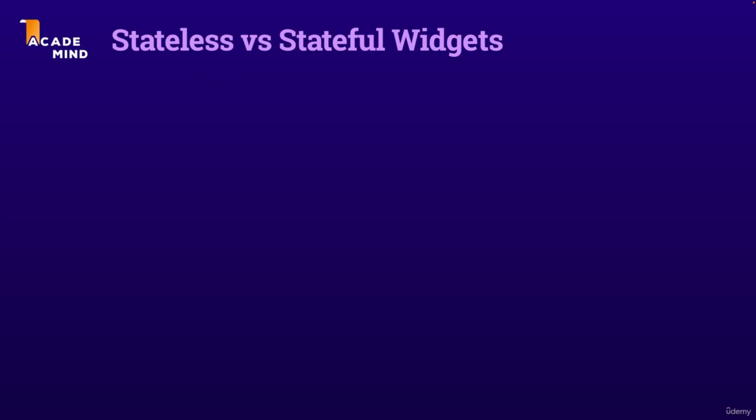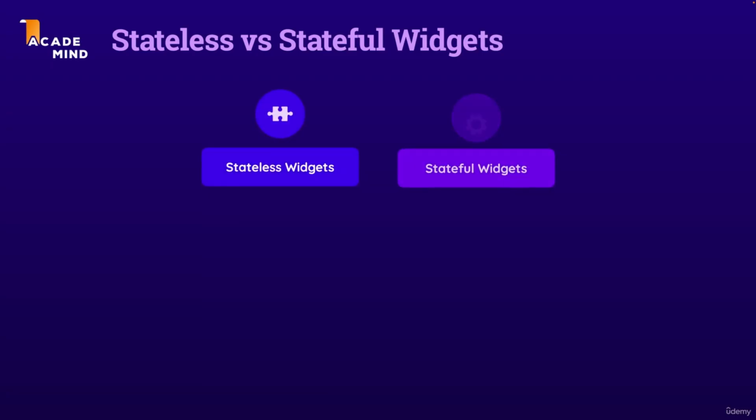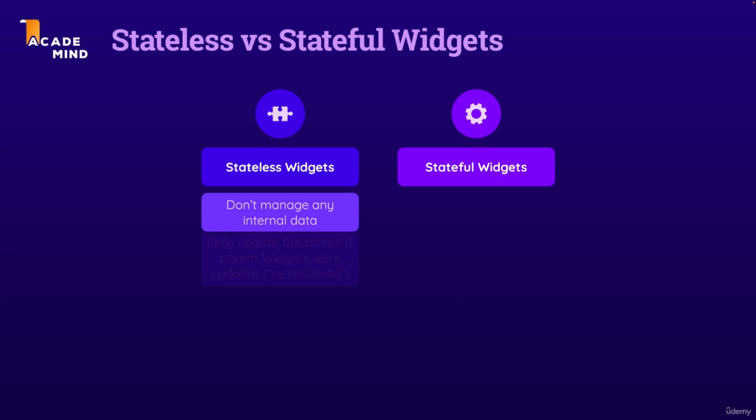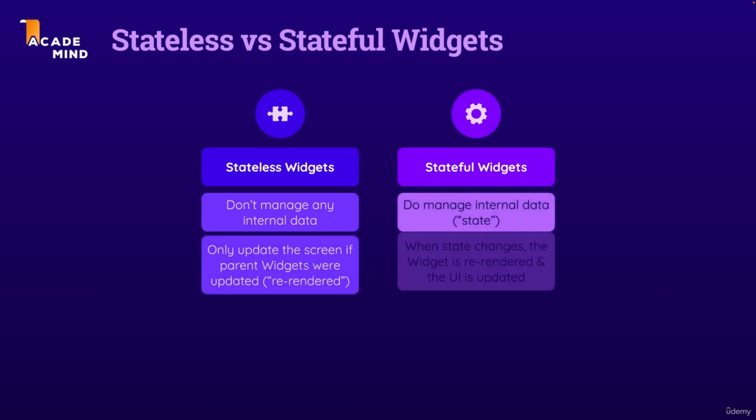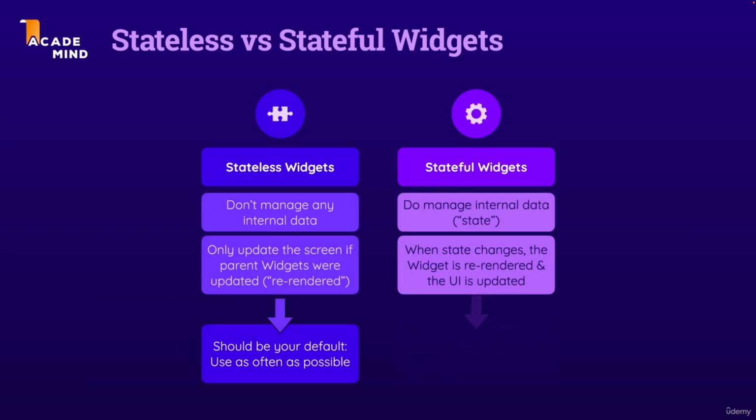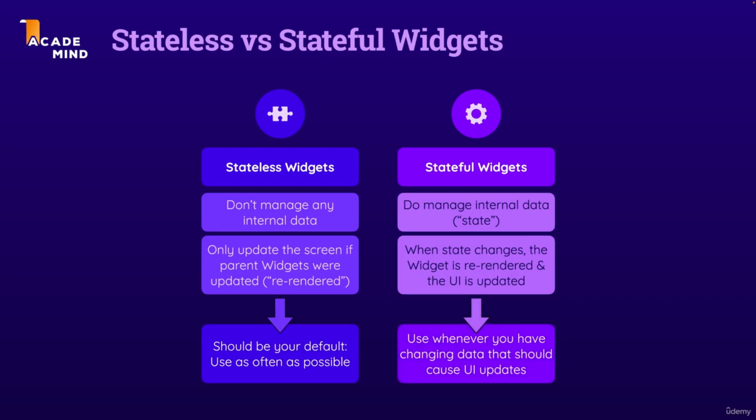Now in this section, when building custom widgets, you also learned that there are two main kinds of custom widgets, stateless and stateful widgets, with the difference being that stateless widgets have no internal changing data, which when changed should update the UI, whereas stateful widgets indeed do support internal data that may change and where such data changes then should lead to an updated UI.